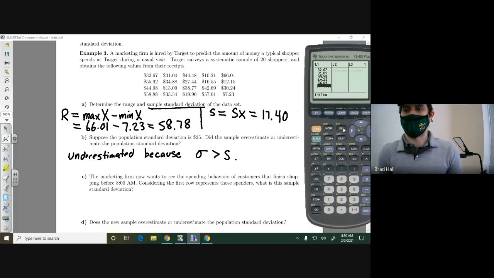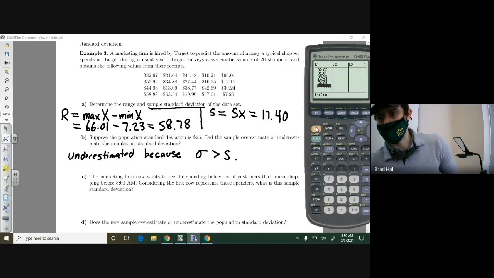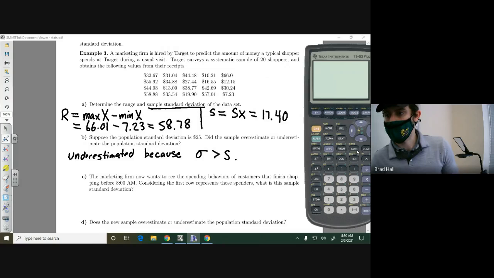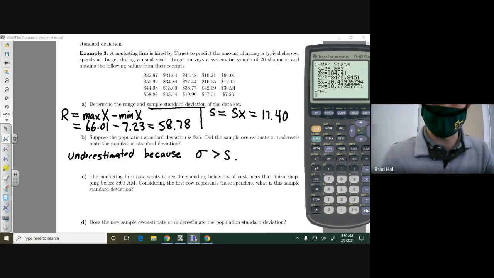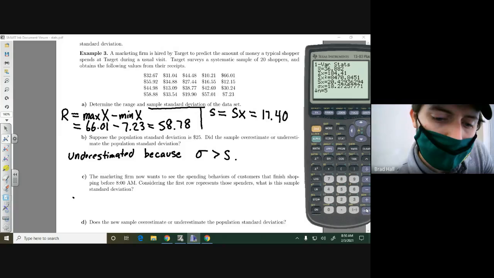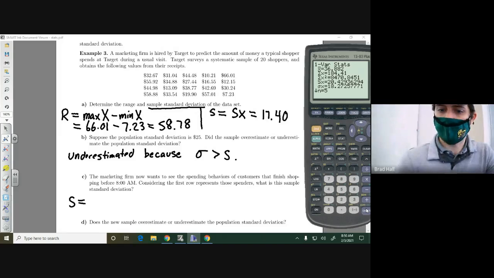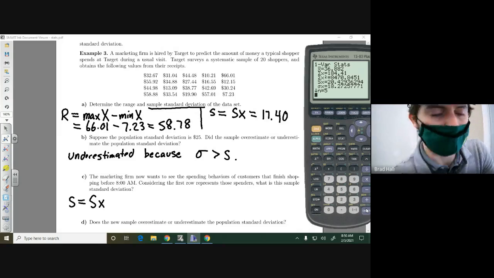So you just get down, or you could just clear the list and type in the 5. But from here, just figure out the new sample standard deviation. And the new sample standard deviation, well, it's Sx in the calculator.